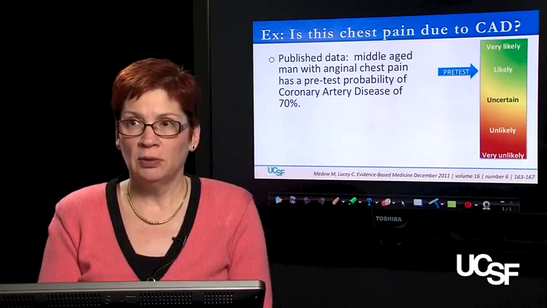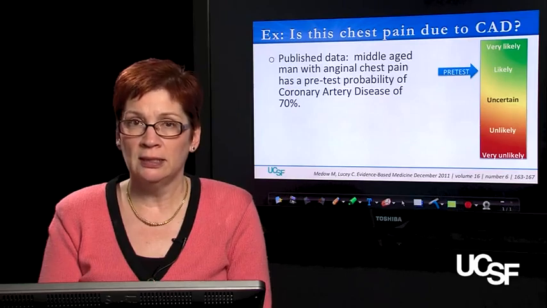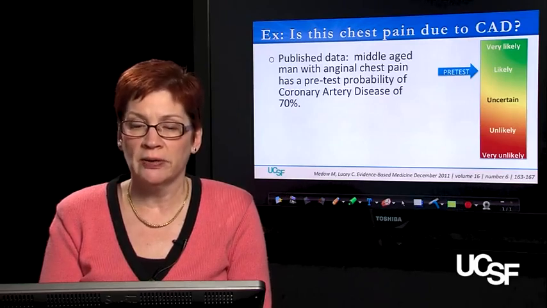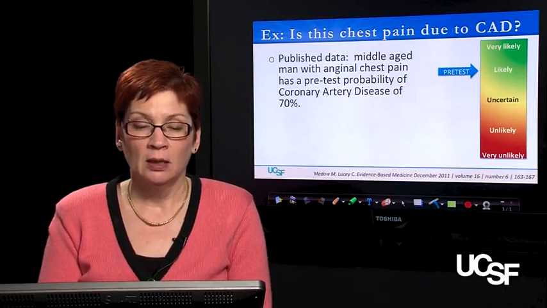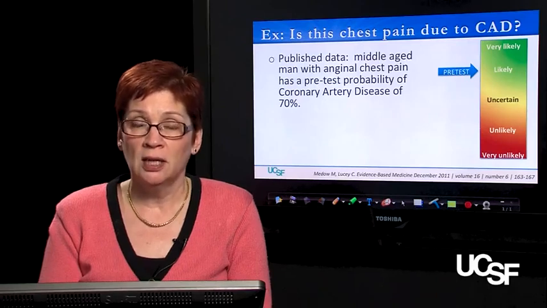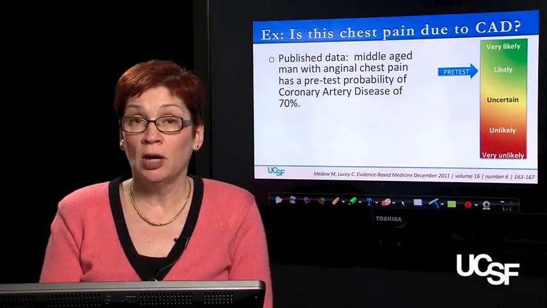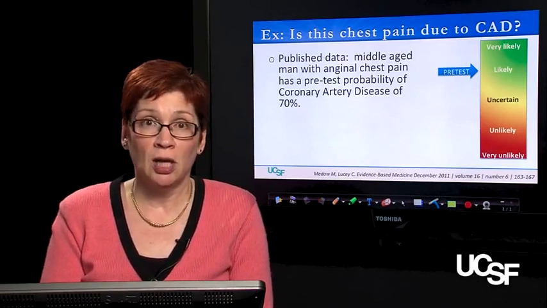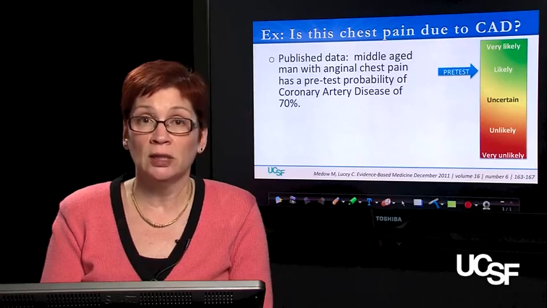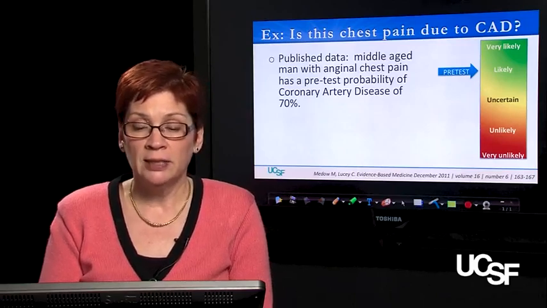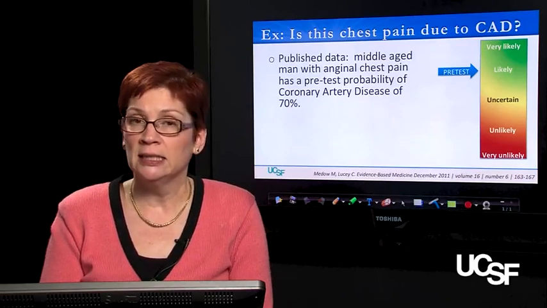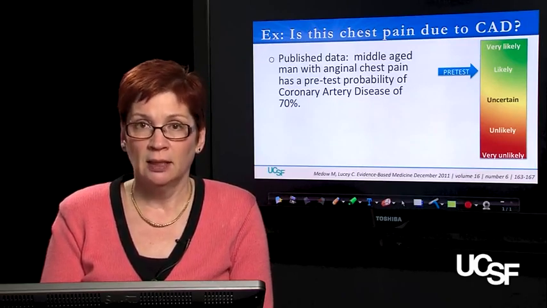Let's try a clinical example using this heuristic. The question I'm going to pose for you is: is this person's chest pain due to coronary artery disease, CAD? Well, from lots of population studies, we have published data that shows that middle-aged men who have classic anginal chest pain, described as substernal chest pressure that comes on with exertion and is relieved by rest, have a pretest probability of coronary artery disease of about 70%.